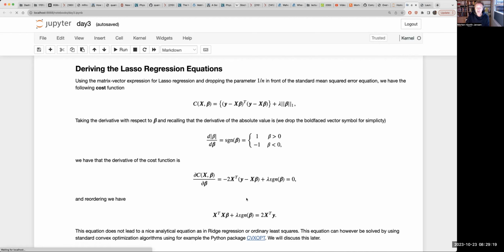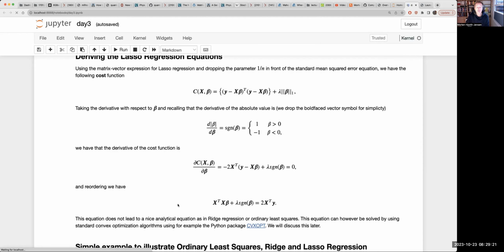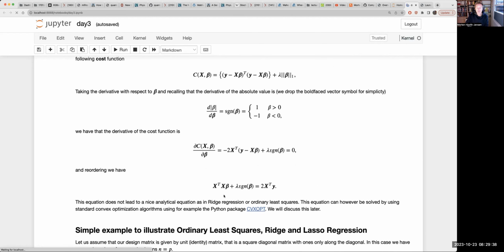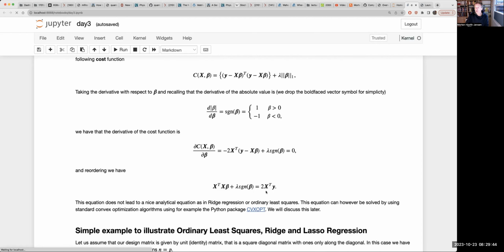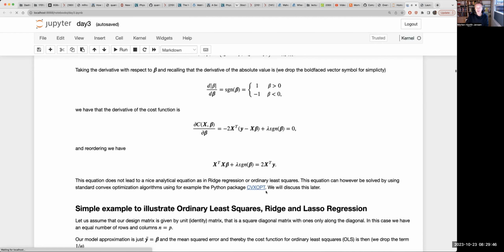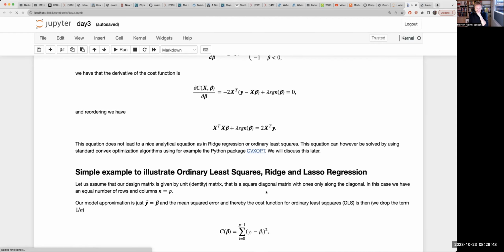And in this specific case, we actually have to solve a convex optimization problem where we have a constraint in terms of the sign over the parameters lambda. So we have to implement these two options depending on the value of lambda. And in this specific case, what we end up with is a problem which we have to solve numerically anyway. So it's only in the case of ordinary least squares and ridge regression where we can actually do that.